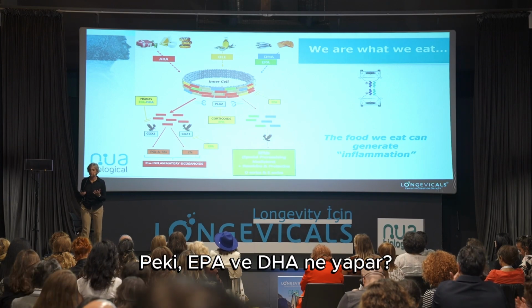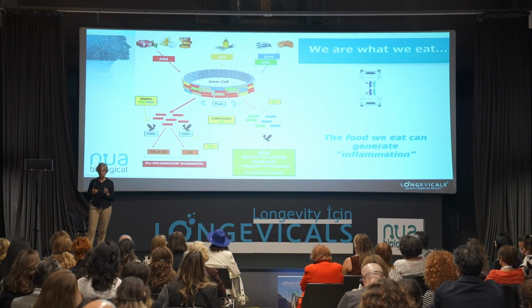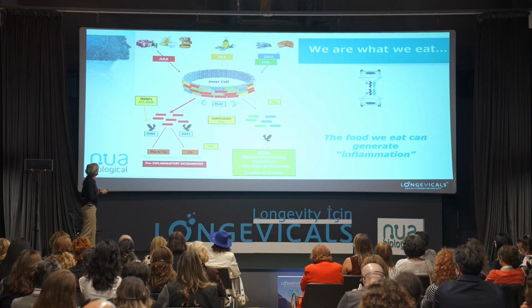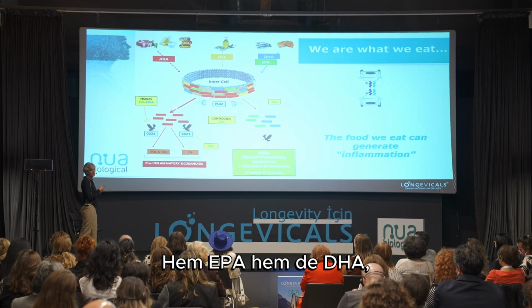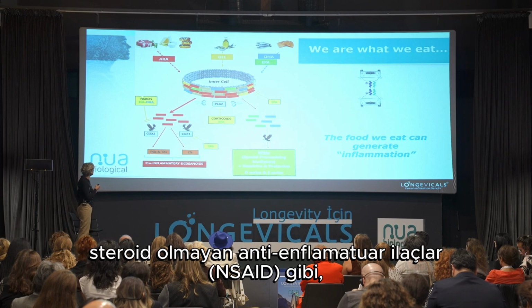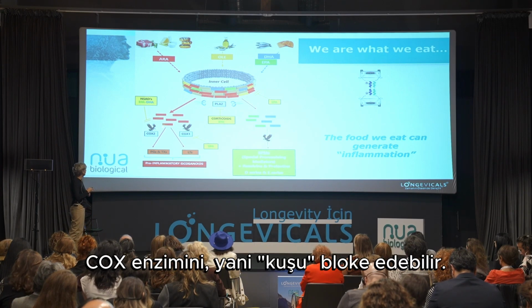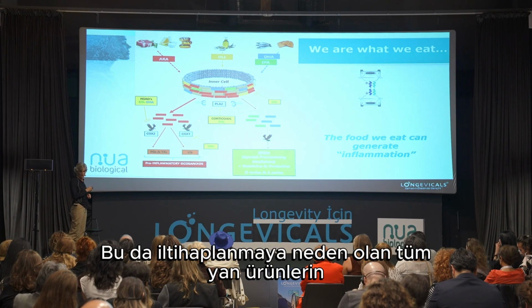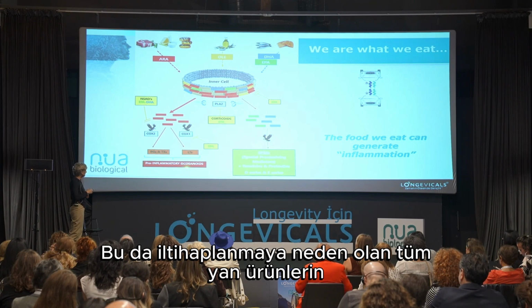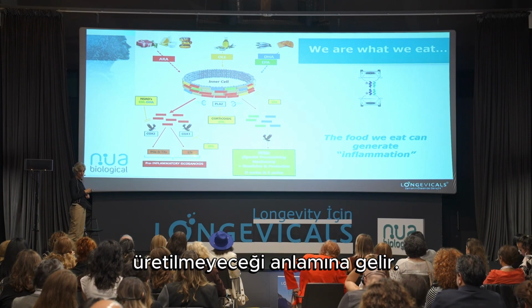So what do EPA and DHA do? Both EPA and DHA, the same as non-steroidal anti-inflammatory drugs, are capable of blocking the COX enzyme, which means that all these byproducts which generate inflammation won't be generated.